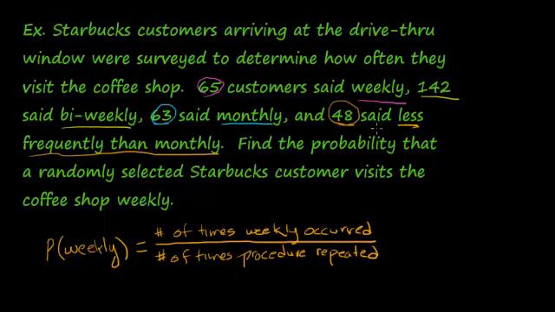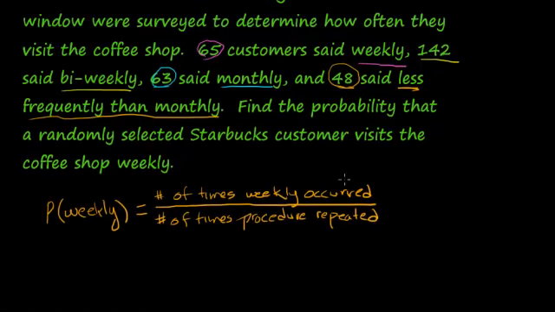Okay, so we know how many times weekly occurred. It said 65 customers said weekly. But now how many times did they repeat this procedure? They didn't tell us. But they did say that they asked these customers as they came through the drive-thru, and these were their responses. So if we add up 65, 142, 63, and 48, that's the number of surveys that were taken, or the number of times the procedure was repeated.